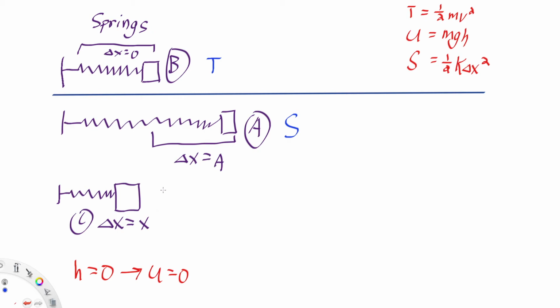C is the most complicated of these three situations. So let's actually begin by analyzing A and B, but leaving C out.